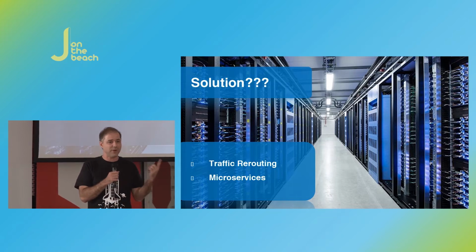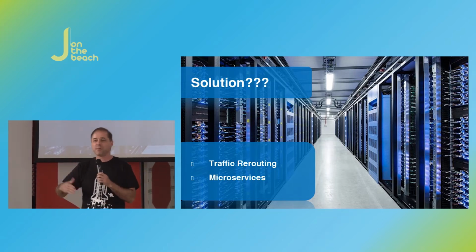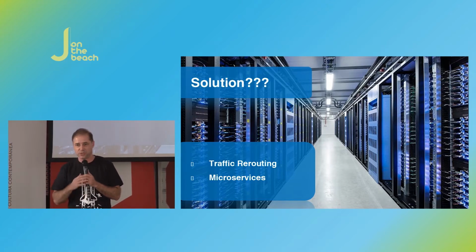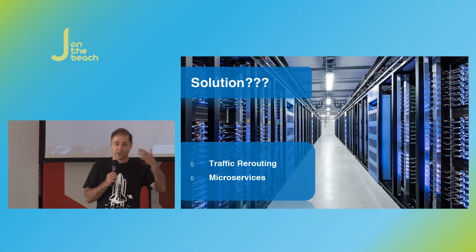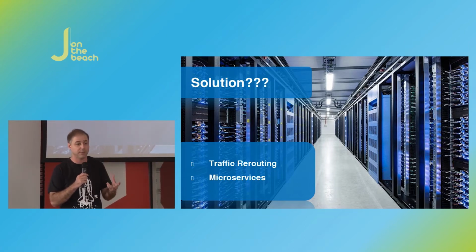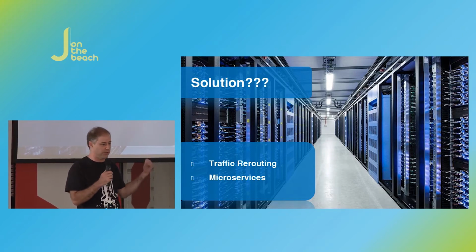It's already hard enough to do with one, right? So moving to microservices is not necessarily the best way to do it, because it adds a lot more complexity. You have to really rethink the application, and sometimes you don't even have the time to rethink your application so you don't have downtime, right?